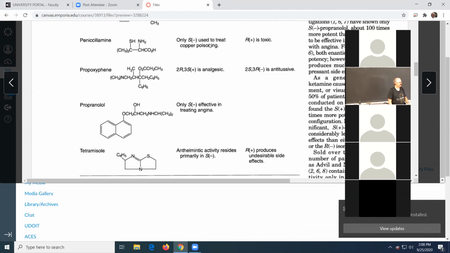Penicillamine is used to treat copper poisoning. I wondered about that. How do you get copper poisoning? There's a rare condition called Wilson's disease, in which copper accumulates in the body, and one of the symptoms is a golden yellow ring around the iris of the eye.